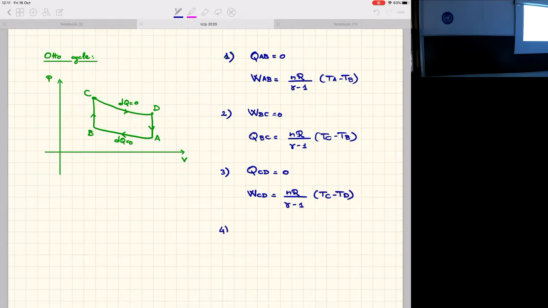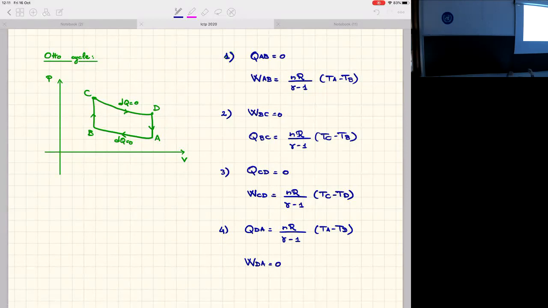And then 4 is Q_DA equal to nR divided by gamma minus 1, (TA minus Td), and W_DA is equal to 0.